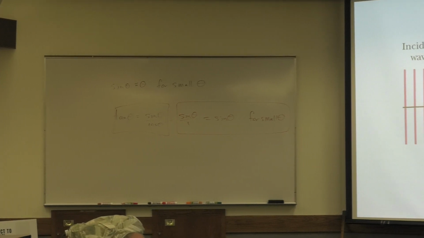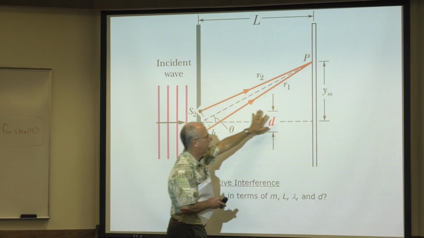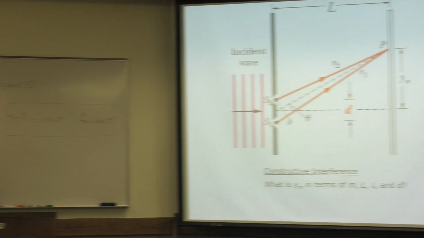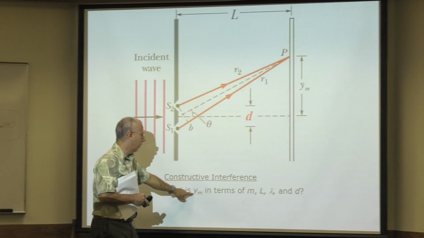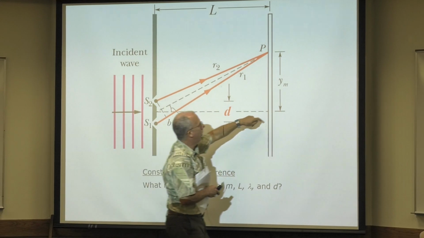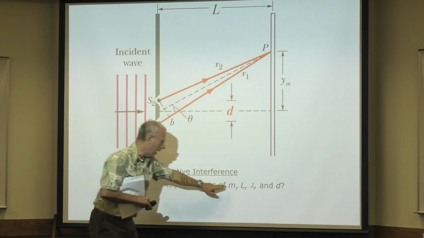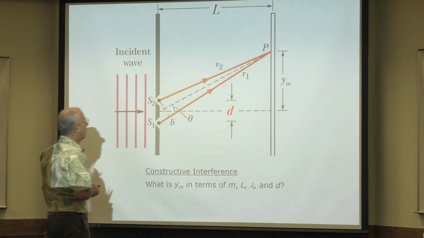So everybody, please look at this diagram. Use this small angle approximation, and figure out what is Ym in terms of m, L, lambda, and d.